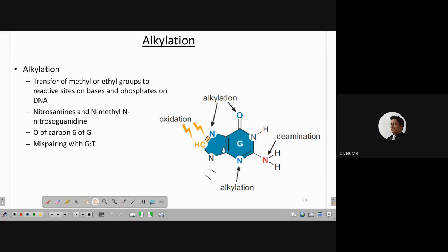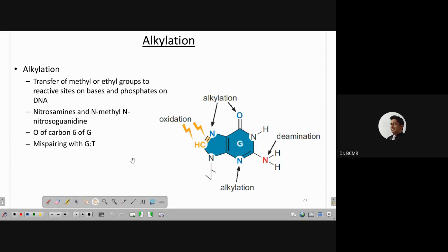Alkylation may happen on different bases. This is just showing one base. Addition of any of these things could result in bulkiness of DNA, or can interfere with any of the processes, or even sometimes base pairing. Then we will have difficulty, and then should remove the bases. As I said, they interfere even in base pairing.